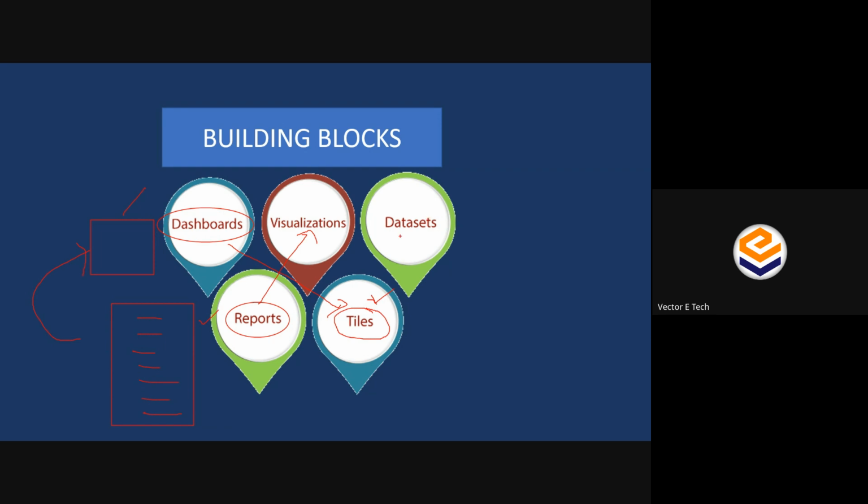Additionally, for creating all these reports, dashboards, or visualizations, we require data sets, right? So data sets is again a major building block. So these are the 5 building blocks which will help you to further learn and create your visualizations and reports, right?